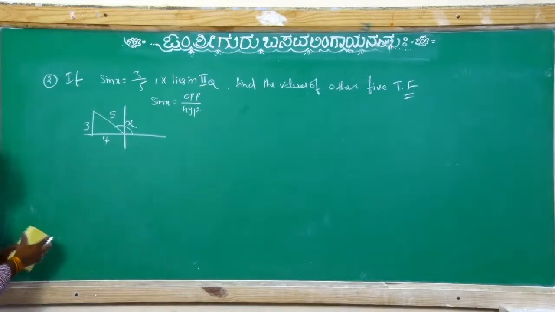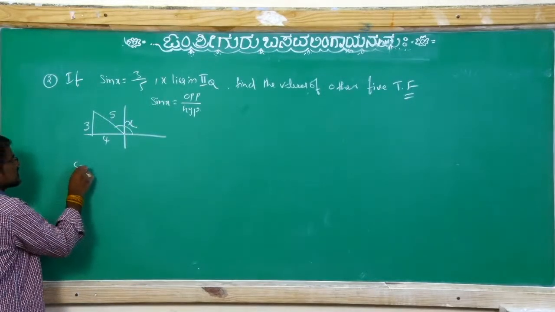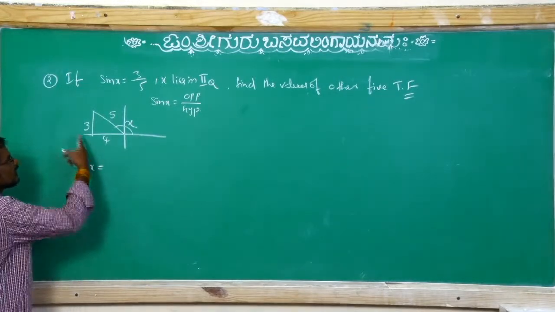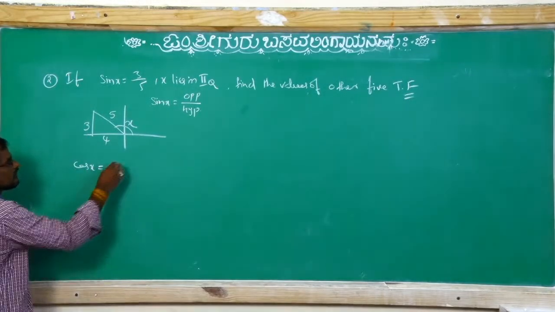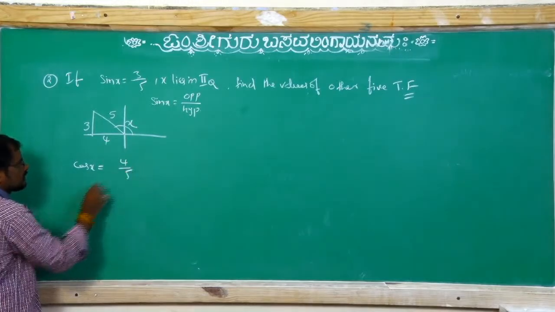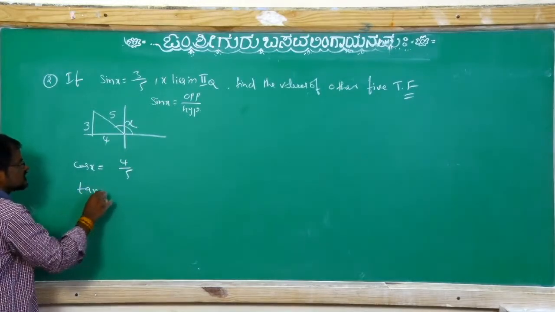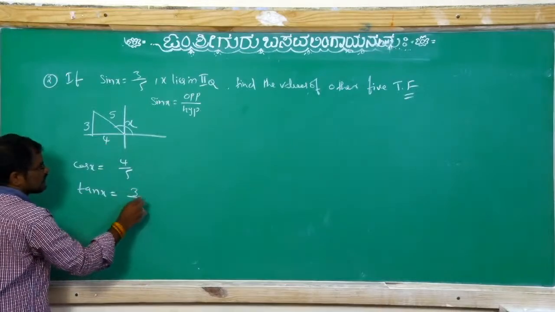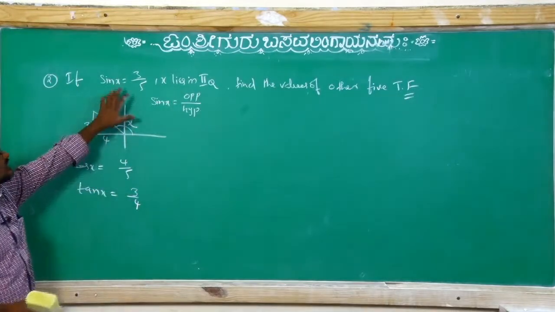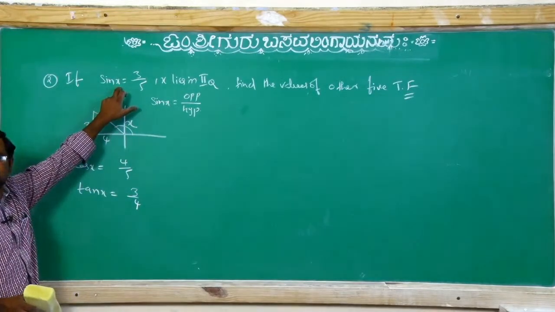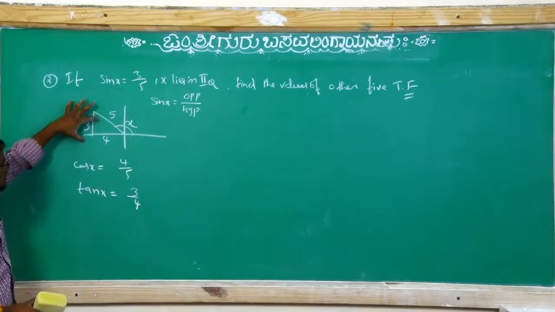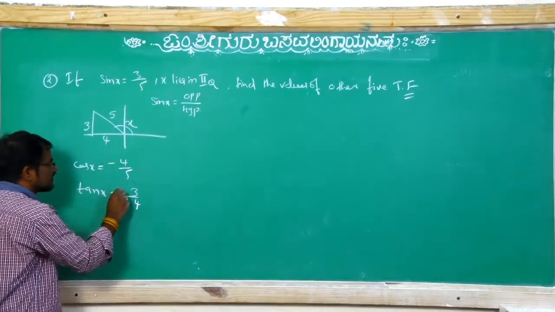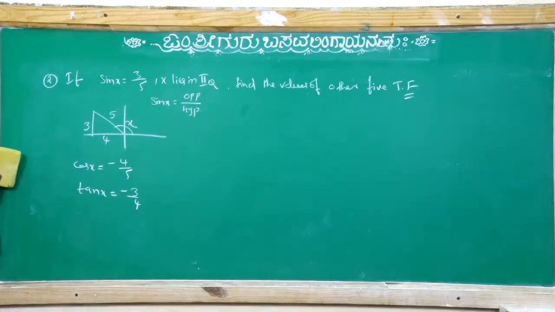Now cos x equal to 4 by 5 and tan x equal to 3 by 4. But in the second quadrant, sine is positive, cos and tan both are what? Negative. So that's why we have to take these two with minus, that's it.